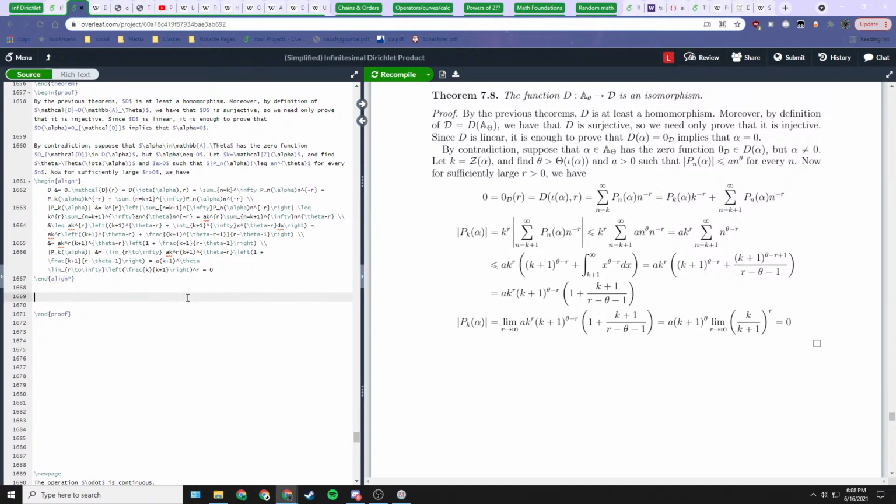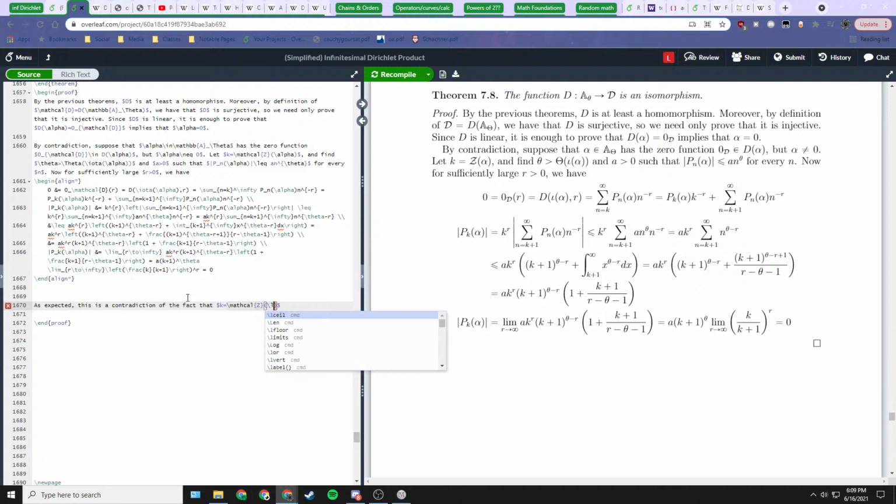But this is a contradiction, as expected, of the fact that k, which we said was z of alpha, so we should have p sub k of alpha non-zero.